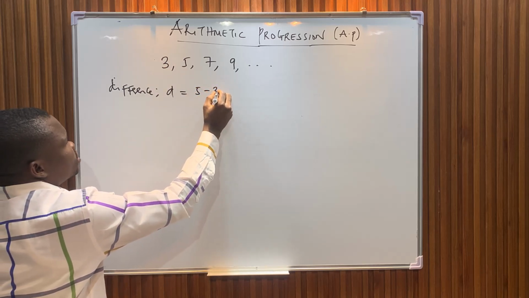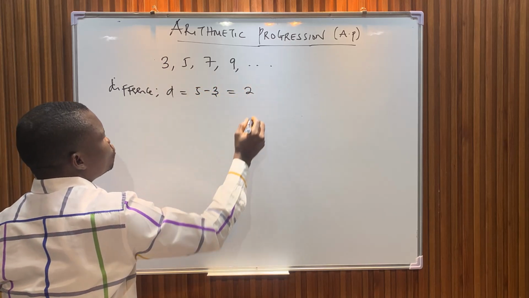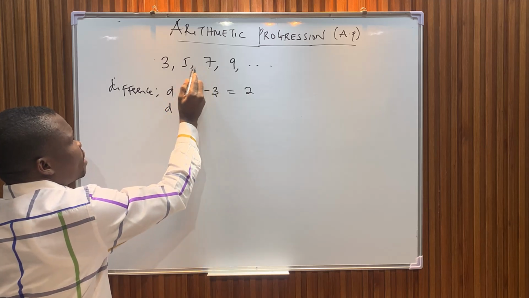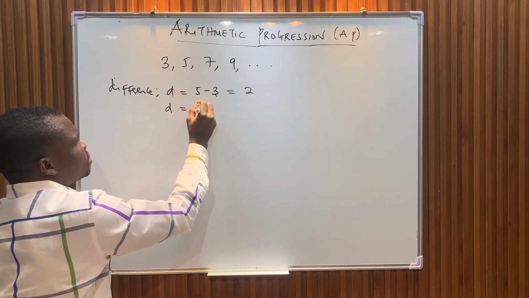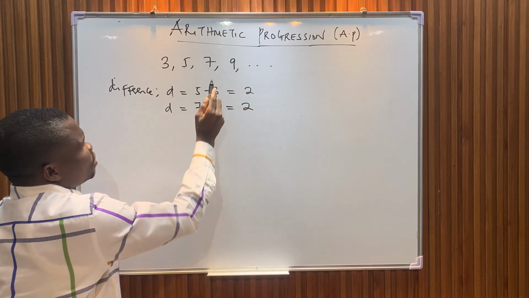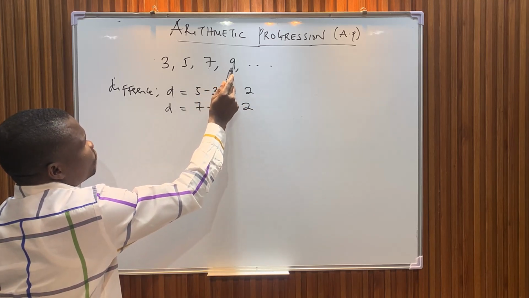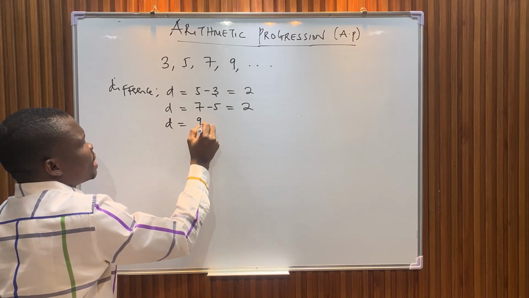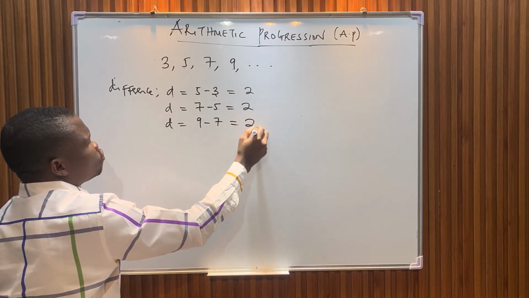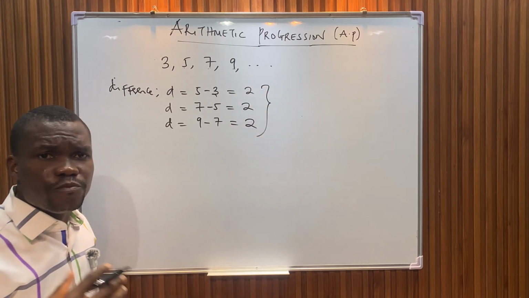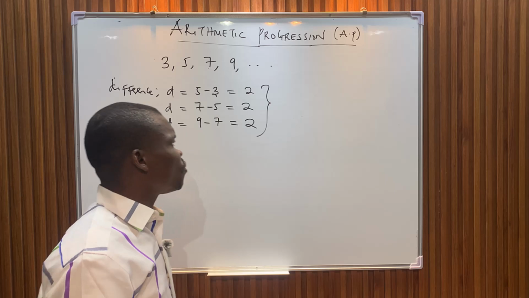That's 5 minus 3, and that gives us 2. The difference between the third term and the second term is 7 minus 5, which gives us 2. The fourth term minus the third term is 9 minus 7, and that is 2. You can see that the difference among each member of the sequence is common.